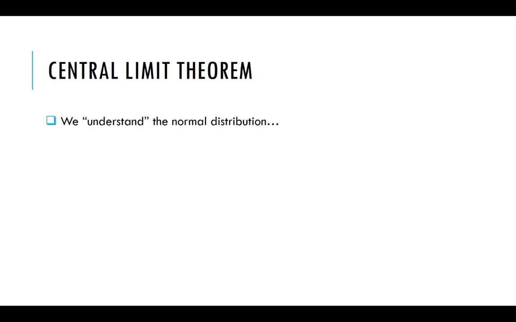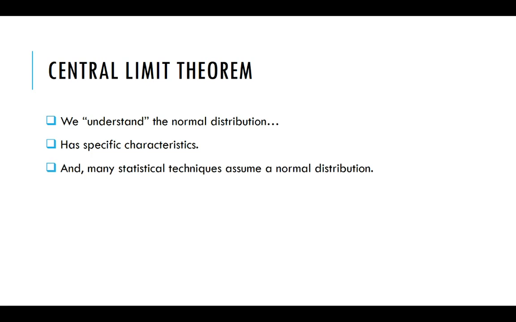Now, why is this cool? Well, we understand the normal distribution. And you're going to see in a few minutes that the normal distribution has specific characteristics. And so it's giving us something to work with that we understand and whose characteristics we know. But on top of that, many statistical techniques assume a normal distribution.